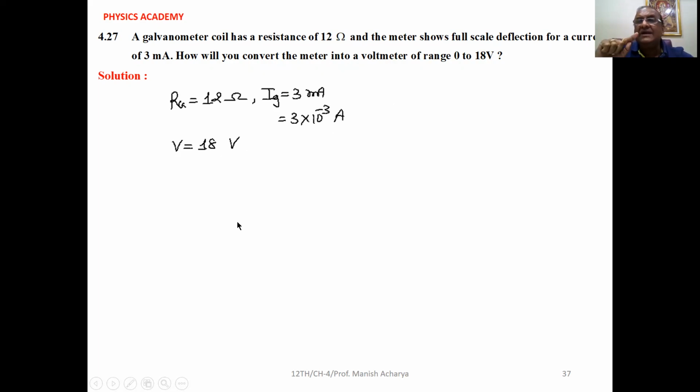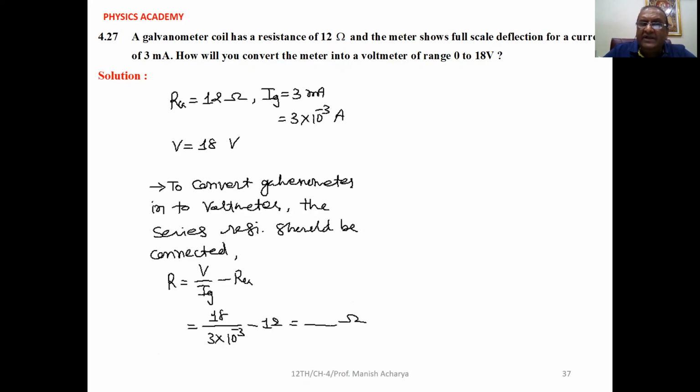Now to convert galvanometer into voltmeter, we have to connect a large series resistance with the galvanometer, and its value is R equal to V upon Ig minus Rg. So V is 18 volt, Ig is 3 into 10 raised to minus 3, and Rg is 12.